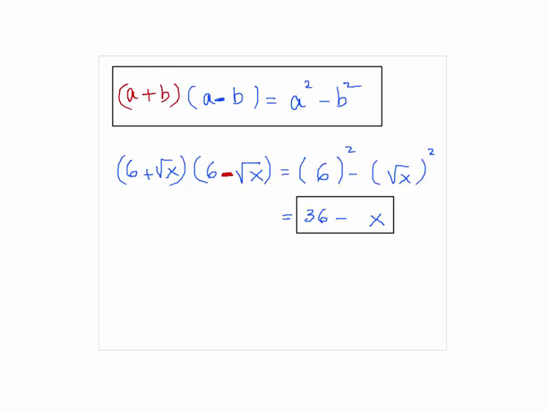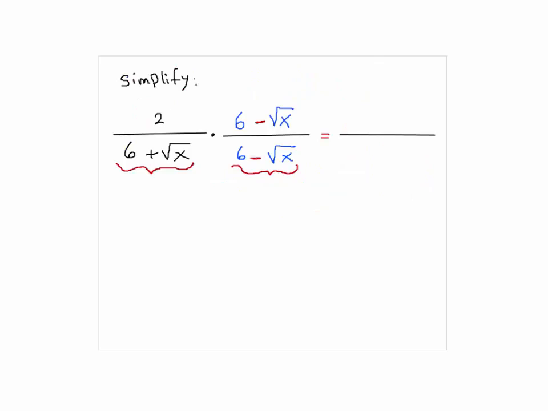And we already showed here, it would be 36 minus x. So this would be 6 squared minus radical x squared, and at the top of the fraction we don't care what happens to the radical. It's okay to have a radical up there. So the bottom would be equal to 36 minus x.